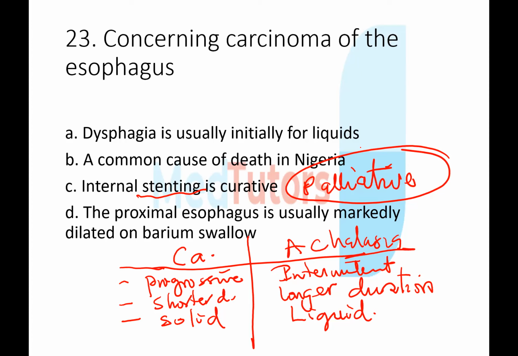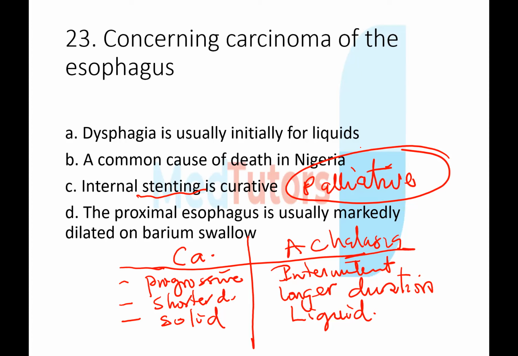Proximal esophagus is usually markedly dilated on barium swallow. That is the part that is above the site of the obstruction. When you take a barium swallow, there will be stasis, so it will be dilated.